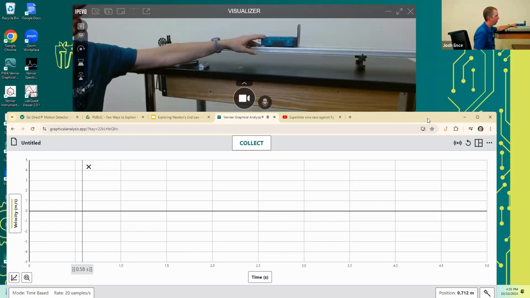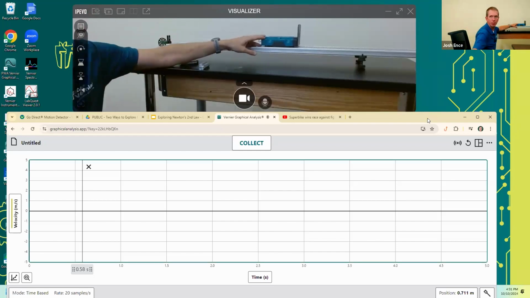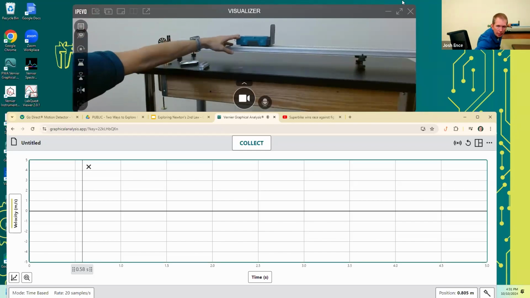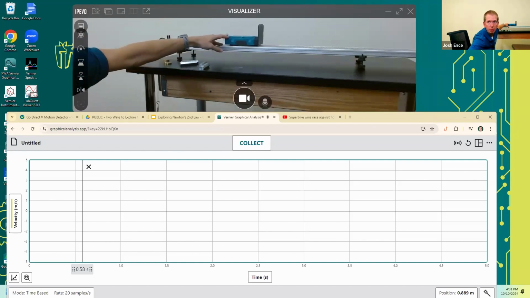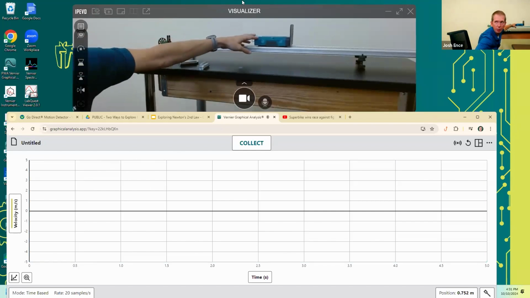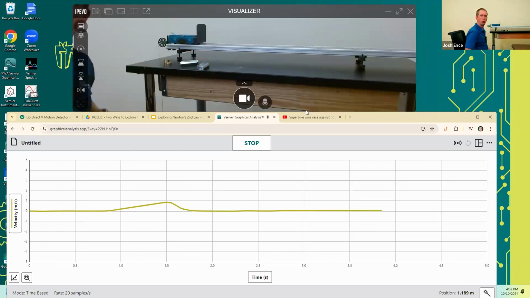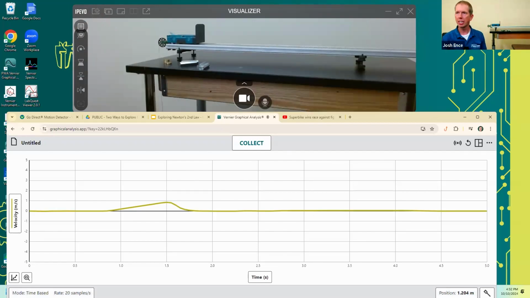I'm going to wait a sec, and then I'm going to let it fall. I need longer arms. Okay, here we go. I caught it so it didn't make too big a bang here. And you can kind of see I got a little blip. This is accelerating, and then I caught it and slowed back down.